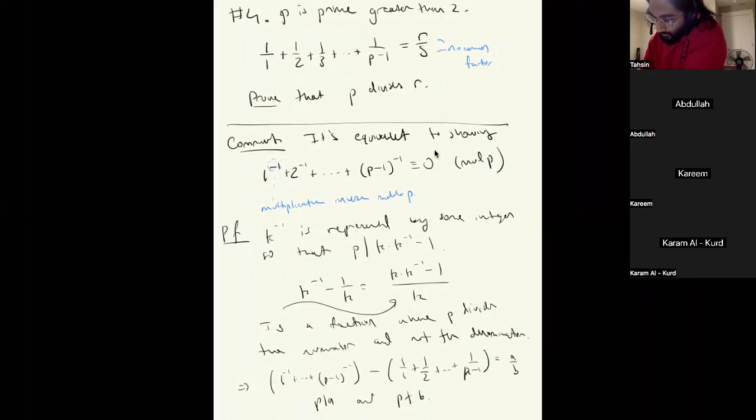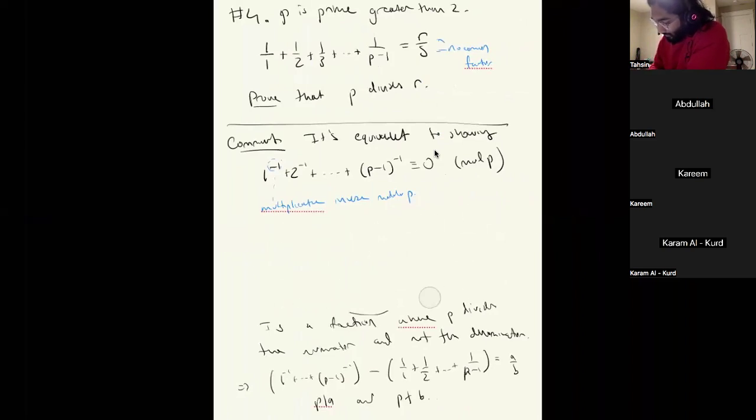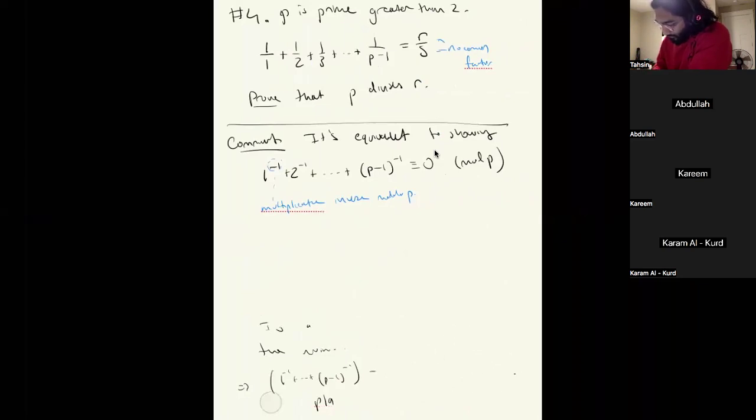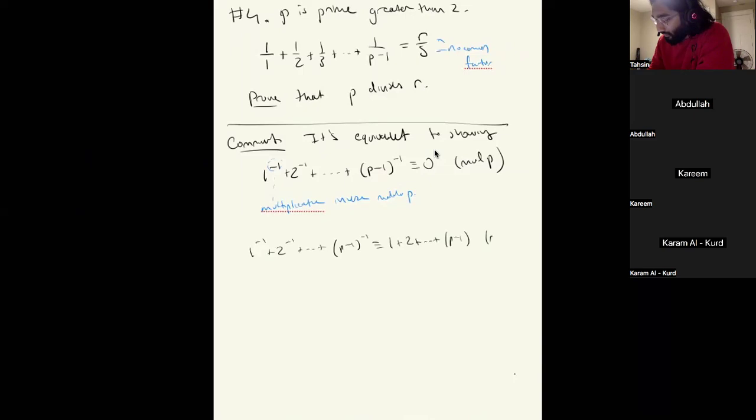So let's say we've proved it now. That's right. So Kareem is saying that this sum, 1 inverse plus 2 inverse plus all the way to P minus 1 inverse, is actually equal to just 1 plus 2 plus all the way to P minus 1 mod P. And of course, why?